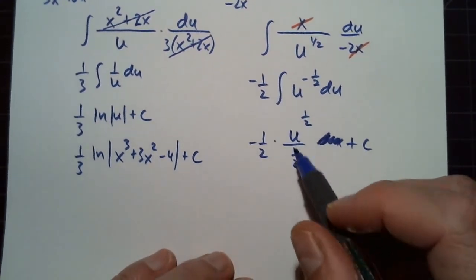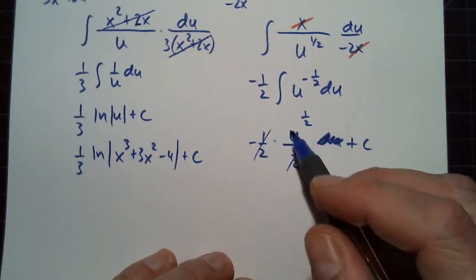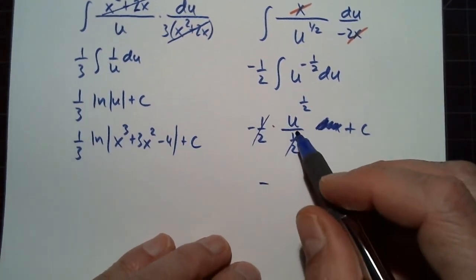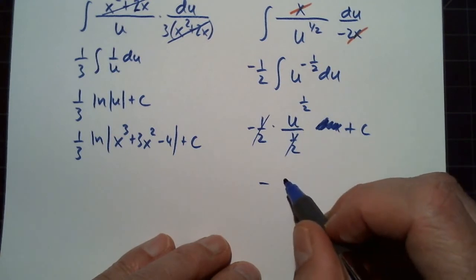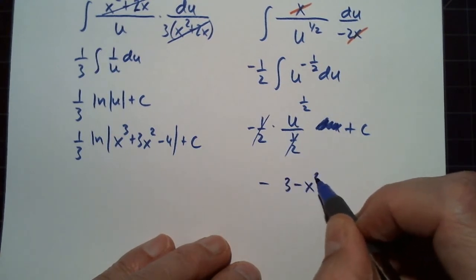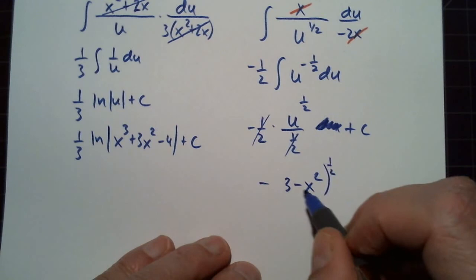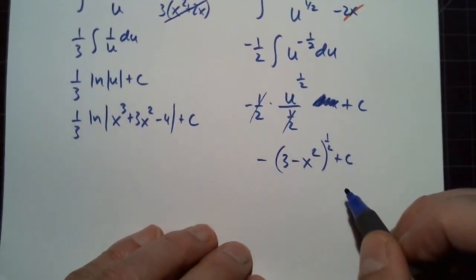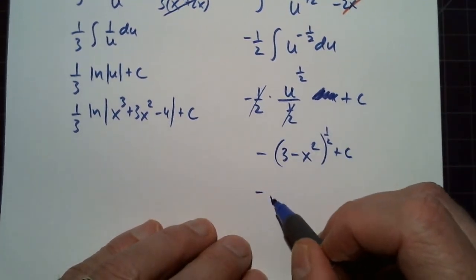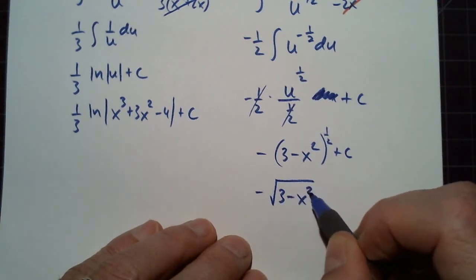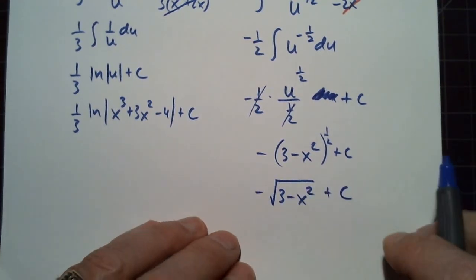And canceled that, we have a negative, and it's going to be u, which is 3 minus x squared to the 1/2, or negative radical 3 minus x squared plus c.